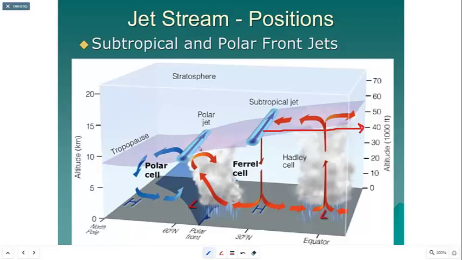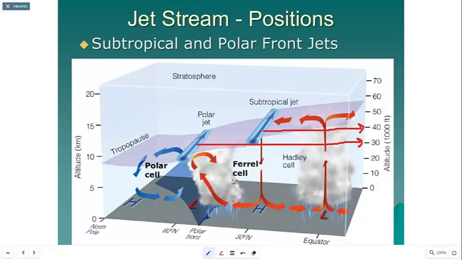The polar jet stream is a little bit lower, so it's a little bit closer to the surface of the Earth. That one's going to be more aligned with 30,000 feet, and that would correlate to the 300 millibar map when we were looking at the upper level charts.